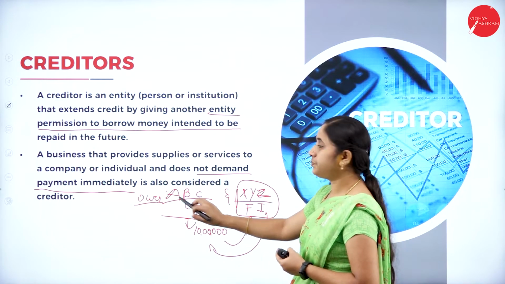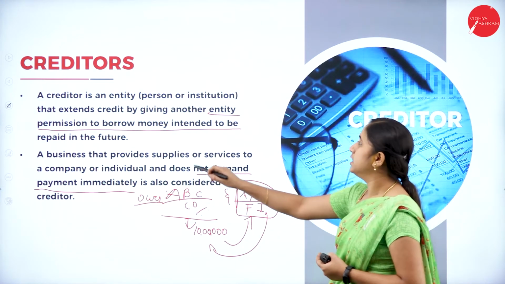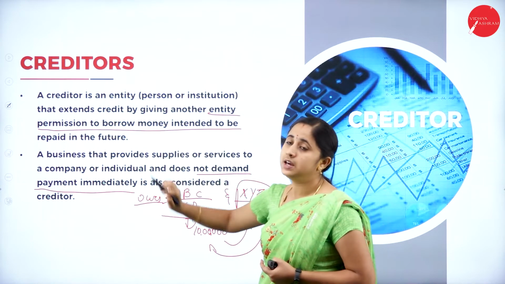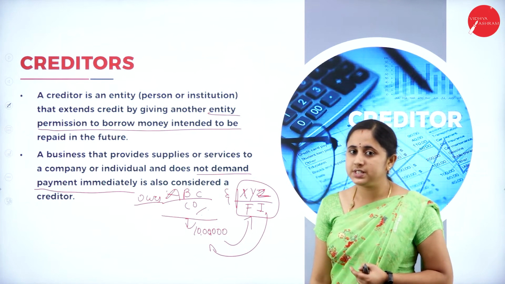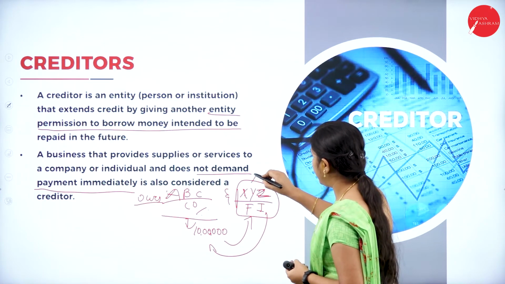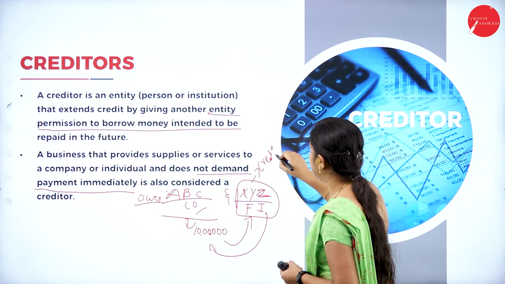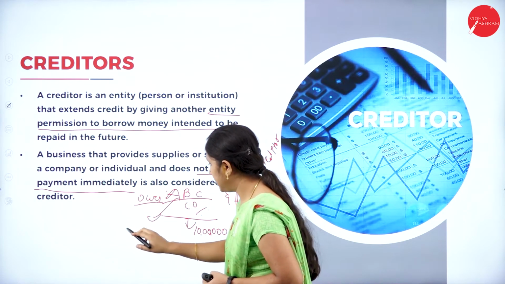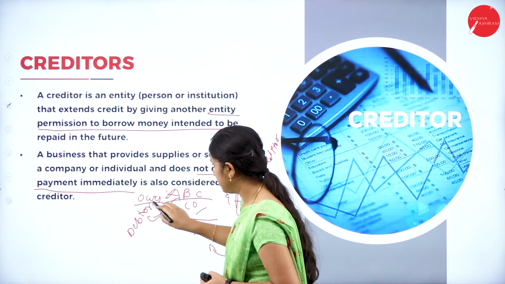Here XYZ gives money, and gives permission. Here one entity gives permission to borrow money intended to be repaid in future. It gives permission for the ABC company to repay in future. Now XYZ company became the creditor and ABC became the debtor.